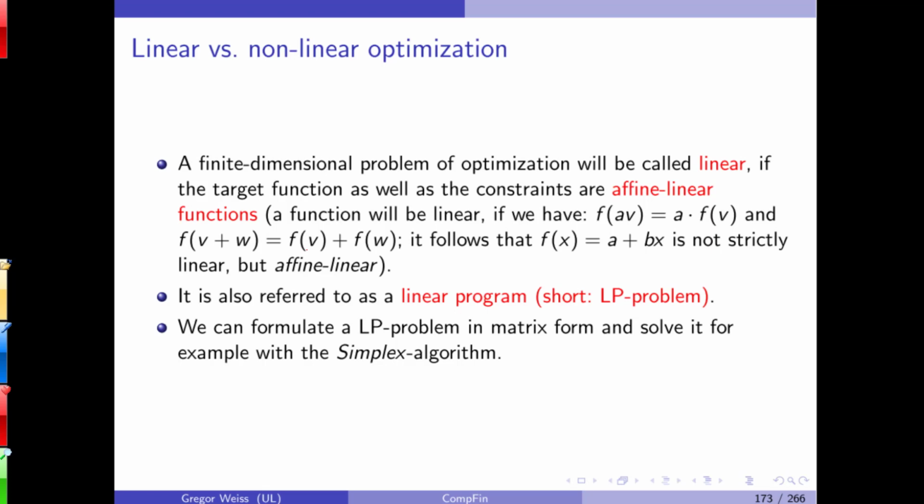And if you have a not equal to 0, then a plus bx is not a linear function. But this is called affine linear in mathematics, affine lineare Funktion. It's more or less a linear function that has been transposed and put away or into a certain direction from the 0.